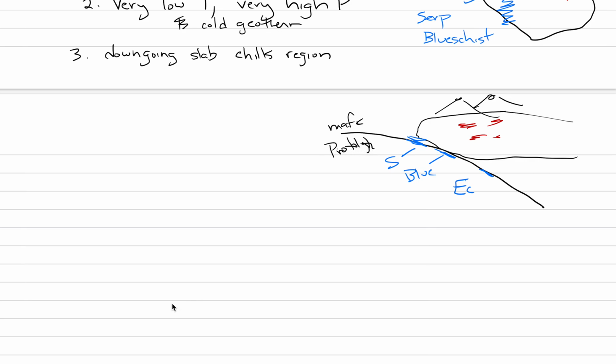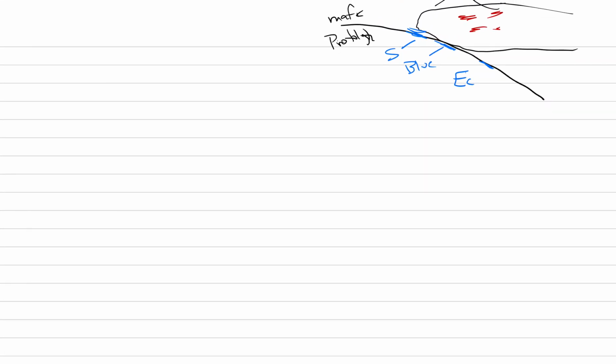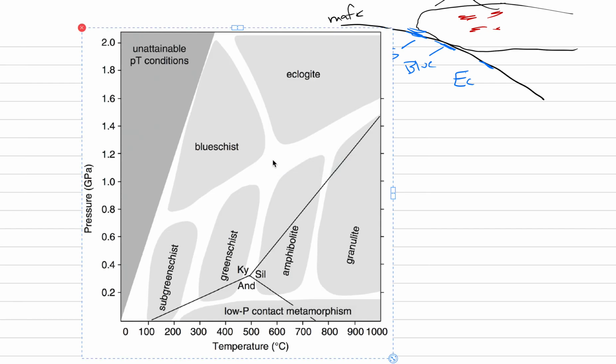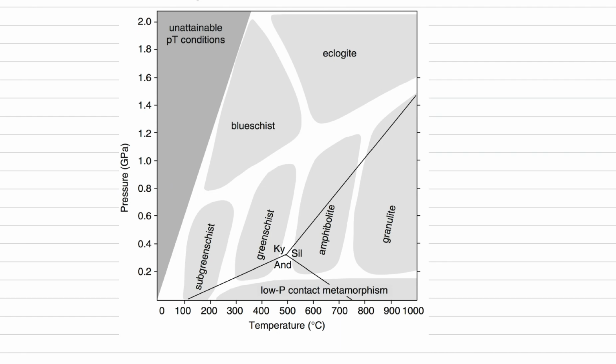So in the end, what we have are 3 different types of zones that are all related to plate tectonics. If we go back to our facies diagram that we're using this semester, you could draw this in right now. What we're going to do is superimpose on this our different zones.